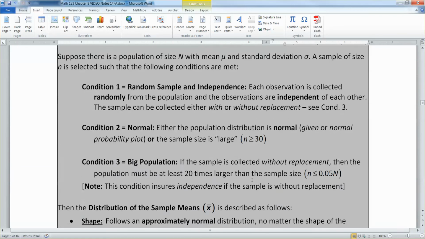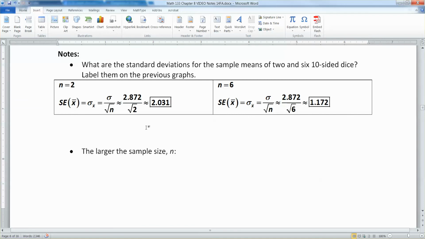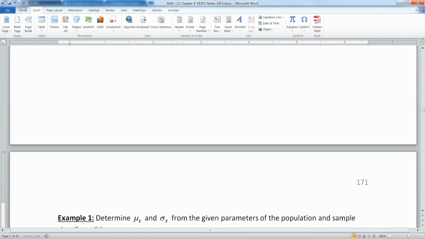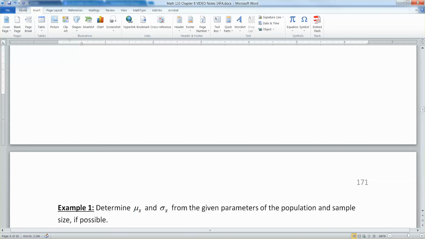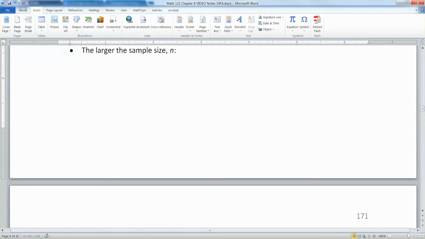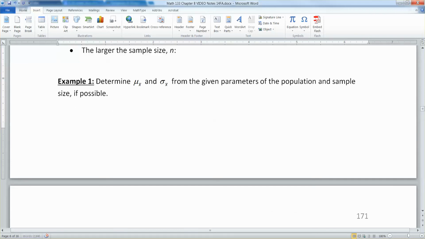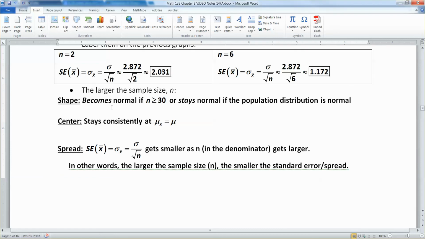All right then. So what do we want to say about this? The larger the sample size, the smaller the spread, right? The smaller the error. So let me write that out. As your sample size increases, for your shape, there's two options.